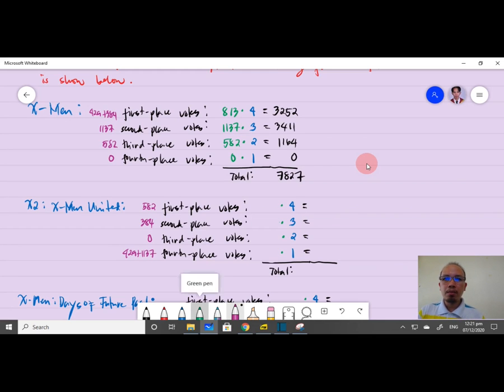Let's compute using a calculator. We have here 582, we have 384, and then we have 0, and then 429 plus 1137. The answer is 1566.